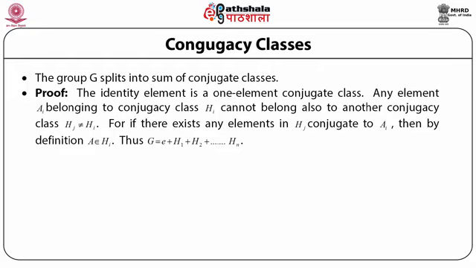For if there exists any element in H_j which is conjugate to H_i, then by definition A belongs to H_i. Thus, the group G can split into a sum of conjugate classes plus the identity E.